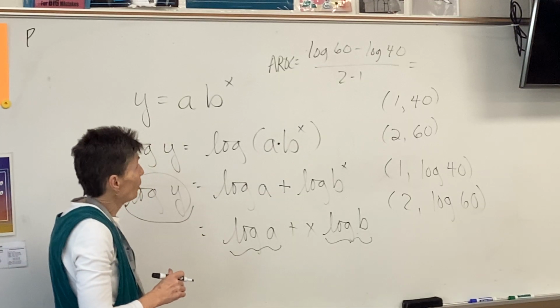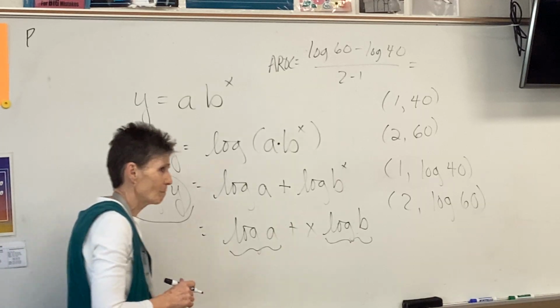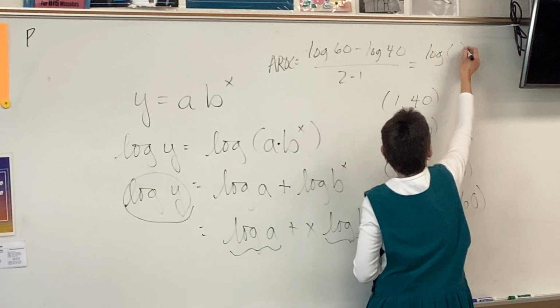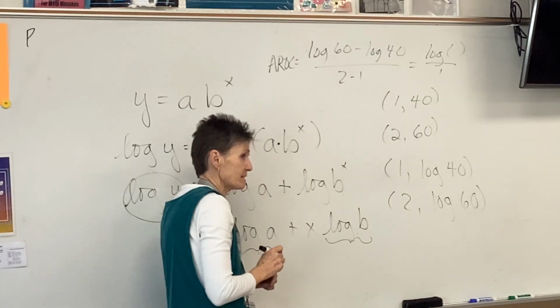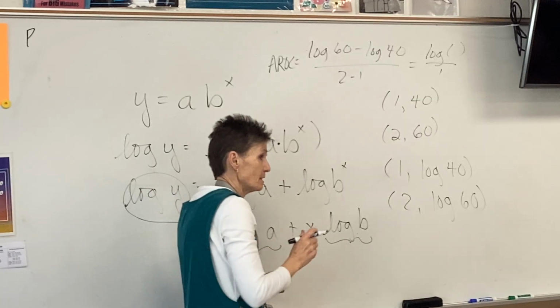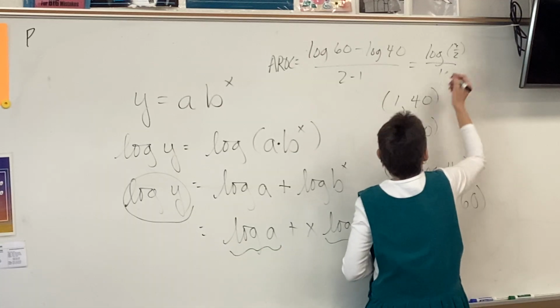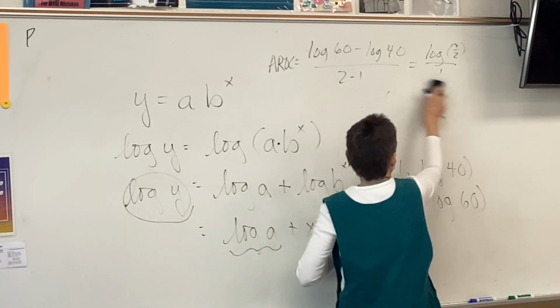All right, tell me about log 60 minus log 40. Don't you divide it? You divide it. So that would be the log of, let's see, 60 over 40 is 3/2. So really, my rate of change, I don't think I need this in there.